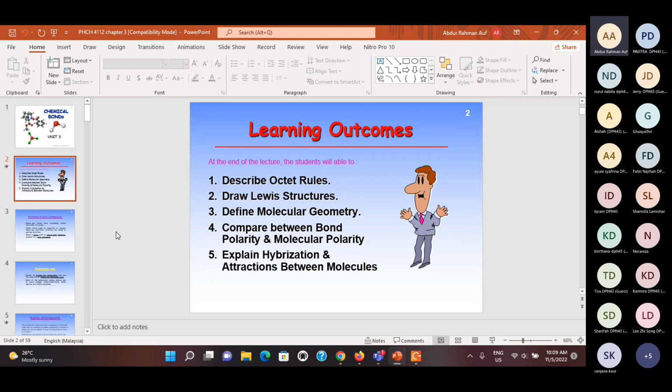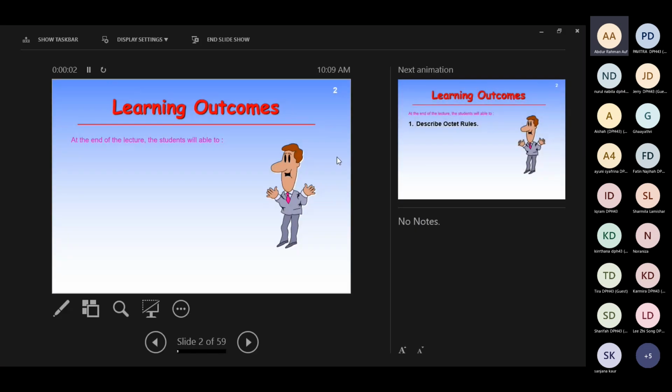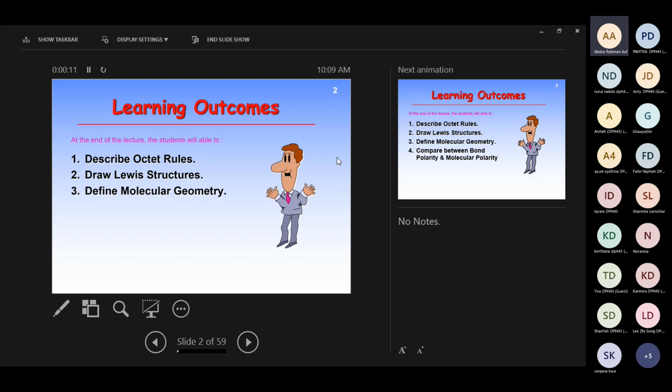Itu yang kita nak belajar dalam chapter ni. So kita akan go through step by step lah. Kita akan tengok dulu what is octet rule. Bila kita dah faham octet rule, kita akan move forward. Macam mana nak draw Lewis structure. Macam mana nak identify dia punya molecular geometry. Molecular geometry ni dia punya shape. Macam saya tunjuk water tadi, shape dia macam bend.